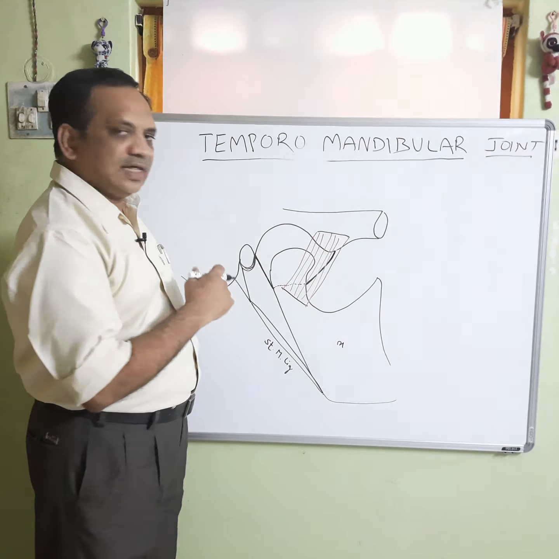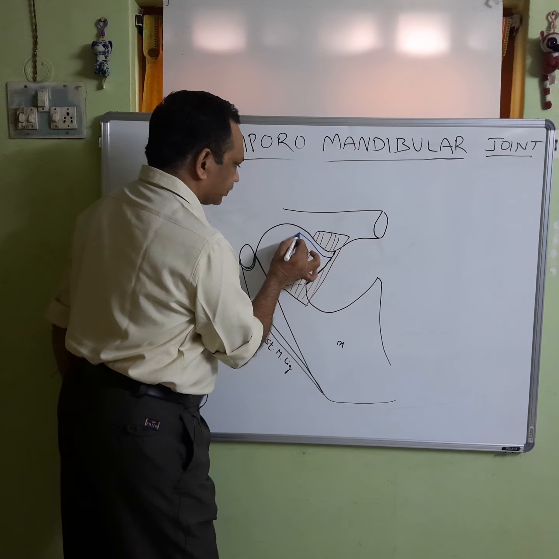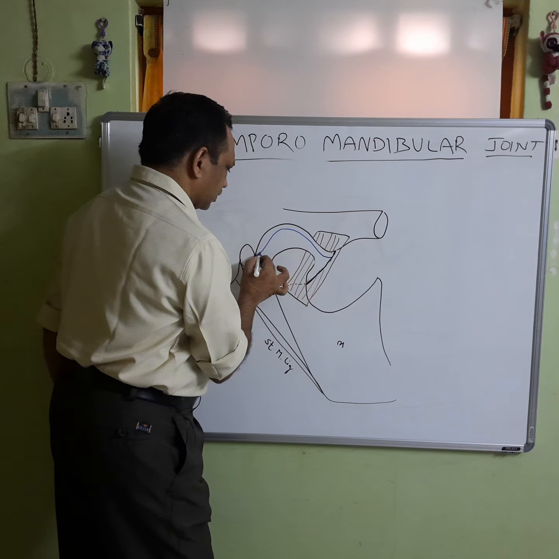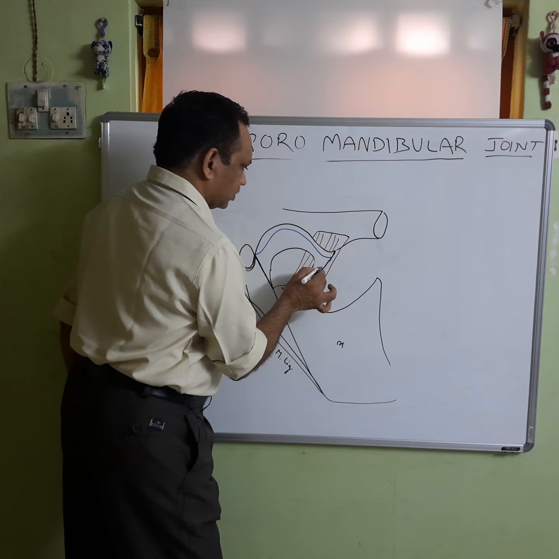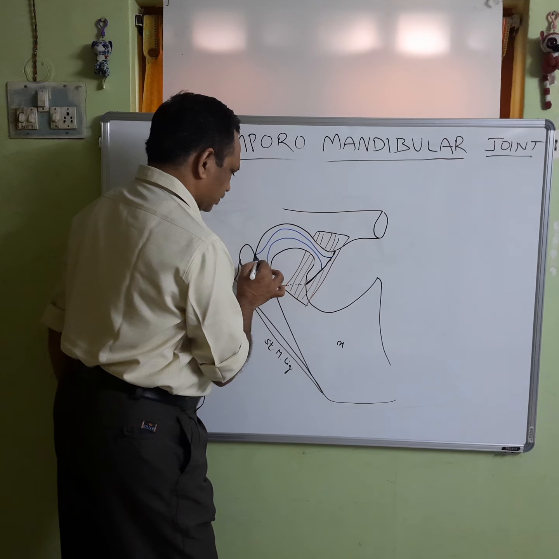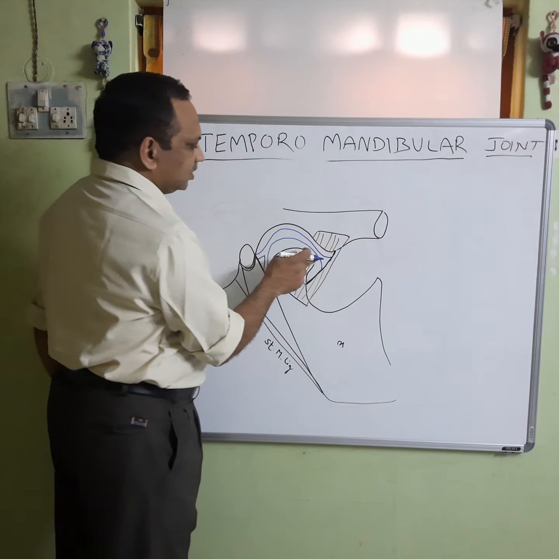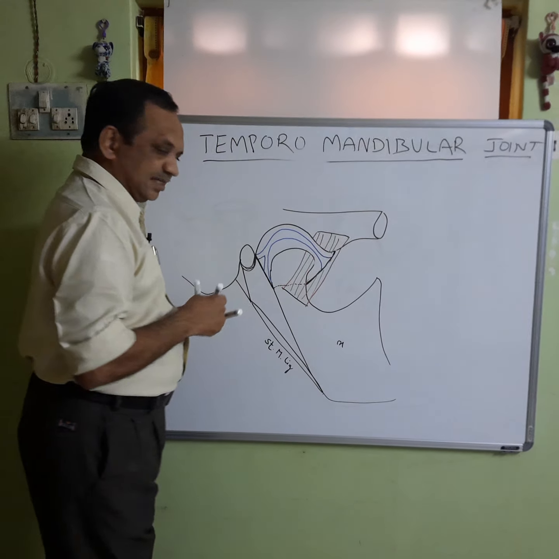This is the lateral capsule, joint capsule, and an articular disc is present from here like this. So this is the articular disc.